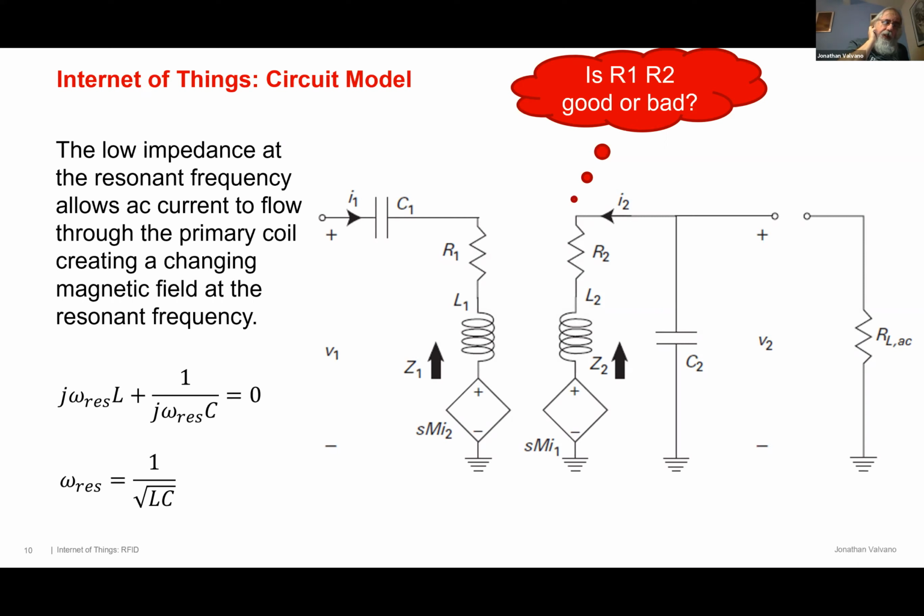So what do I want to reduce in order to increase the current? Okay, do I want to reduce C, R, L, or Z?